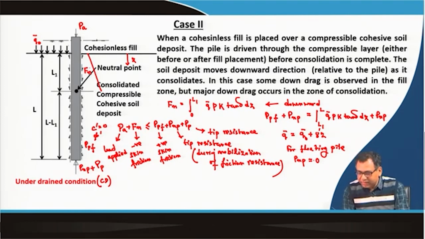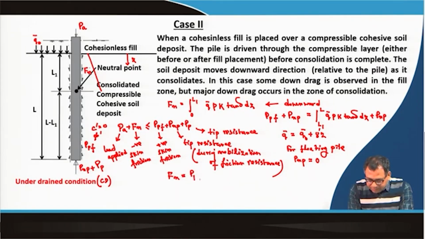So, here we have written PPN, that contribution is 0. So, only the positive skin friction will be equal to the negative skin friction. That means here we can write that Fn will be equal to PPF, which is positive skin friction.